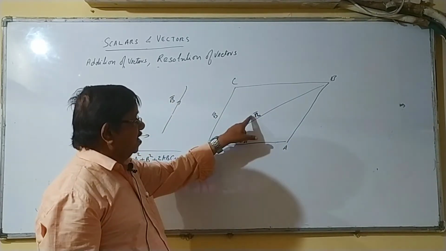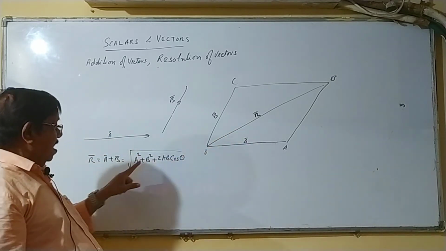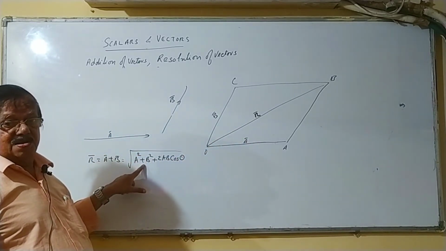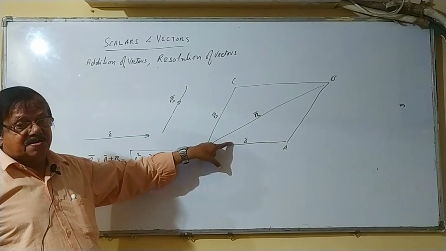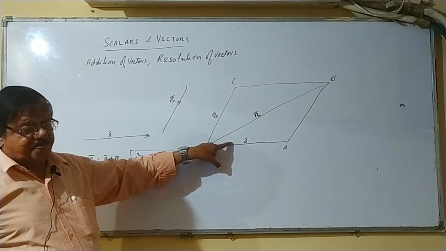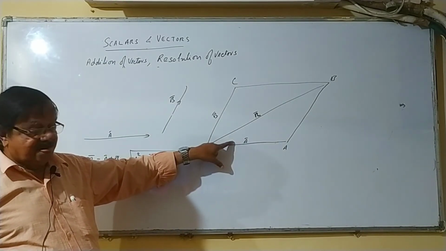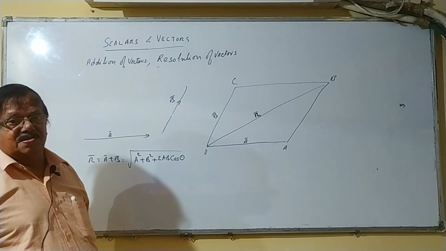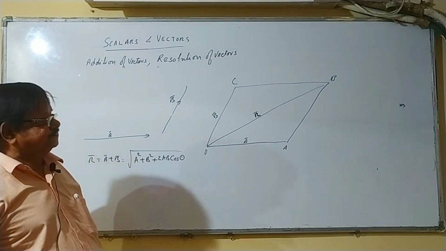Now, from this figure, I have to derive this formula. This is there in the 11th standard, in the chapter Scalars and Vectors. This formula is derived, so I will derive this one.